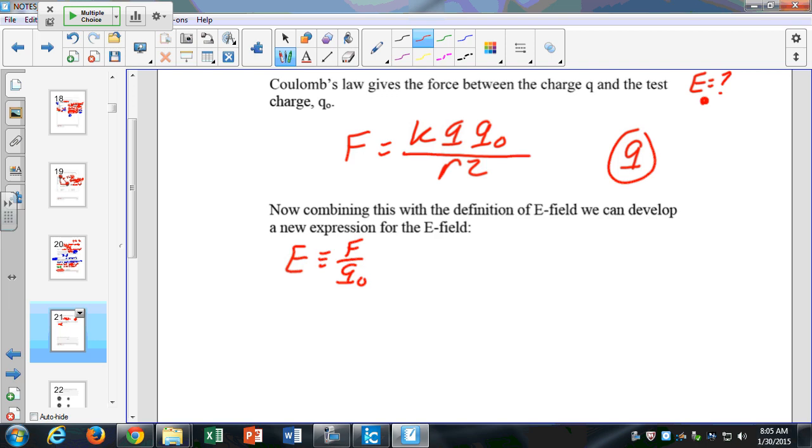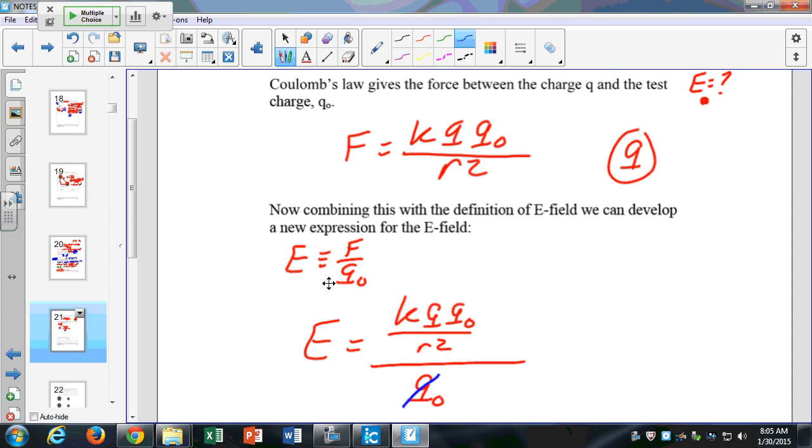So my electric field at this point is defined as the force that Q naught would feel at that point, divided by Q naught. So then it's pretty simple to get an expression for the electric field. It's going to be that force from Coulomb's law divided by that imaginary test charge.